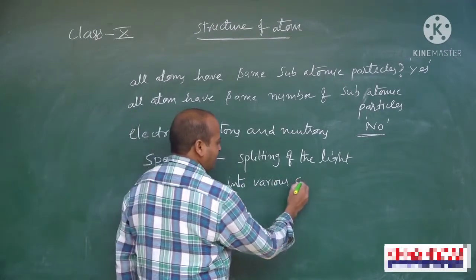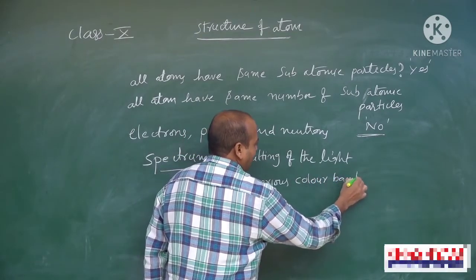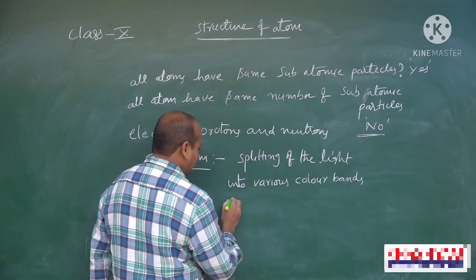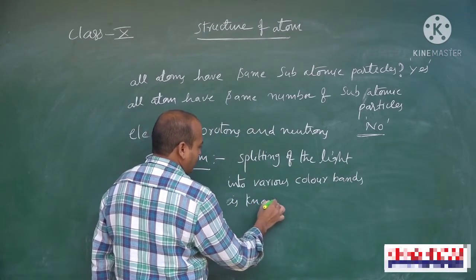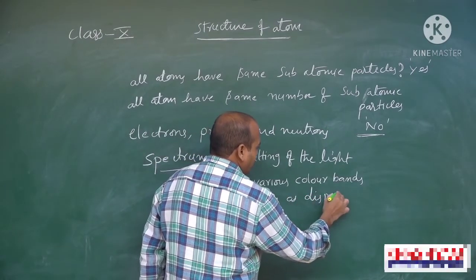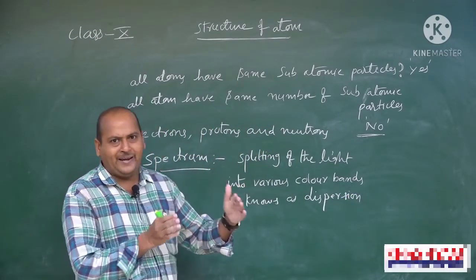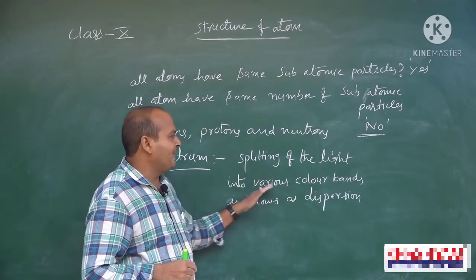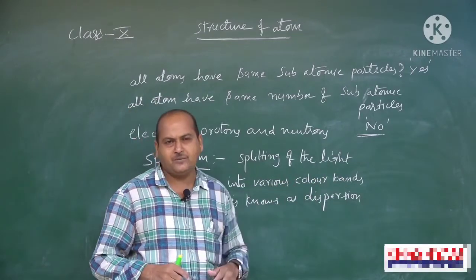The splitting of the light into various color bands is known as dispersion.